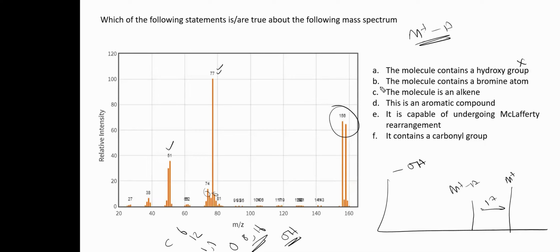All right, the molecule contains a bromine atom. This is true based on this mass spec because bromine has two isotopes in nature, Br79 and Br81. Of course, all atoms have isotopes, so why am I talking about bromine specifically?